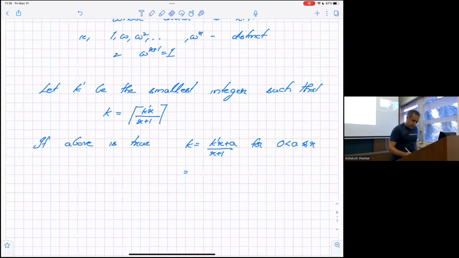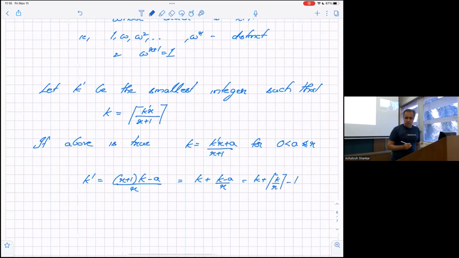And this is exactly equal to it. So now I can rewrite K prime as R plus 1 times K minus A, by R. This I'll write as K plus K minus A by R. But because A is non-zero, this is nothing but K plus the ceiling of K by R minus 1.